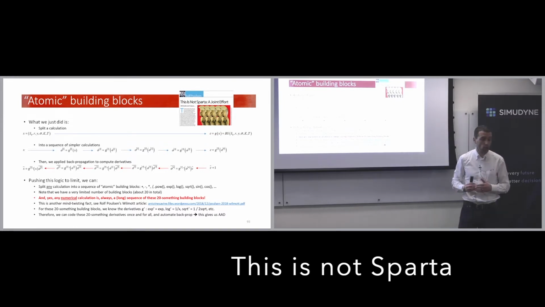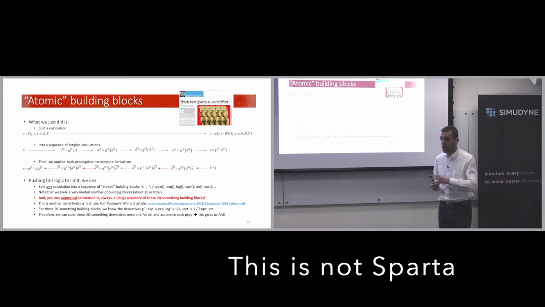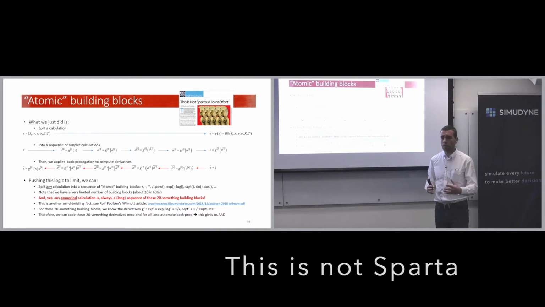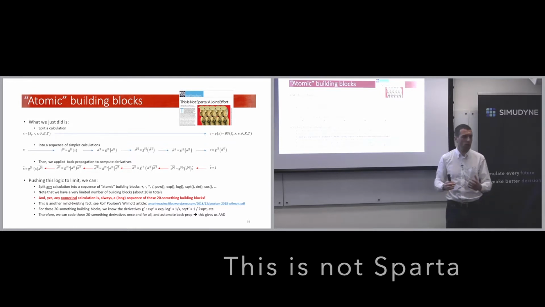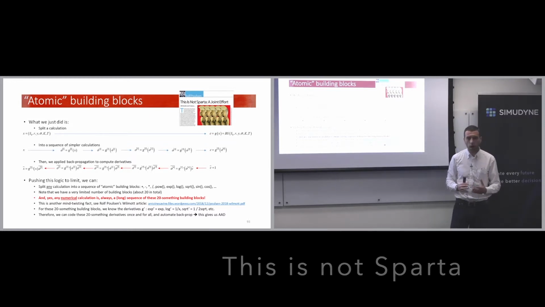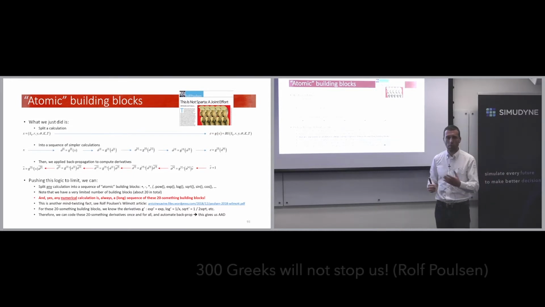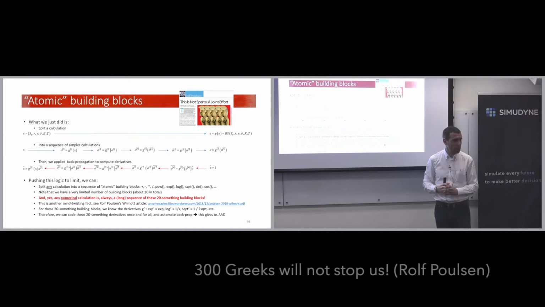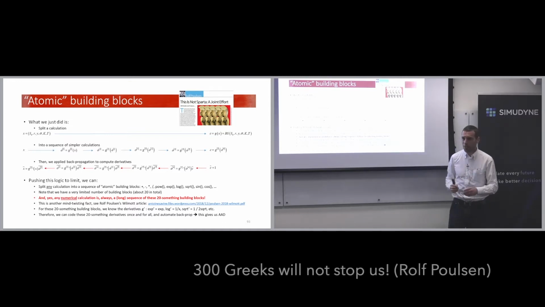So there's actually a nice article by my friend Rolf Paulsen in Wilmott. So you know that I'm not supposed to do that, but Wilmott is an expensive magazine, and I really like this paper, so I stored it so that you can access it on my website.